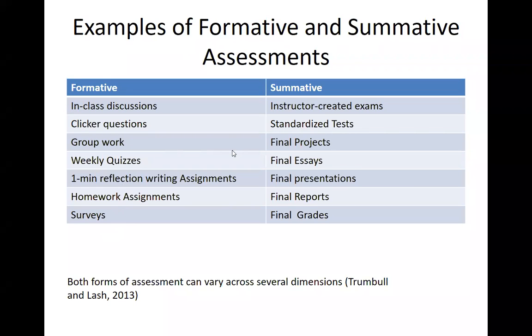And the summative assessments lead to instructor-created exams, standardized tests, final projects, final essays, final presentations, final reports, final grades, etc. Formative assessments are mainly used to get feedback from the students as to how much they are understanding the subject, whereas summative assessments are used for the final grading.